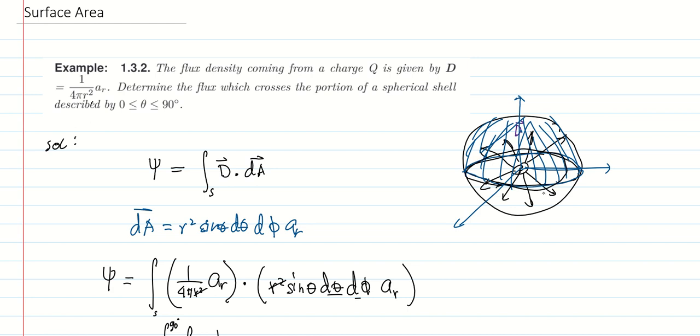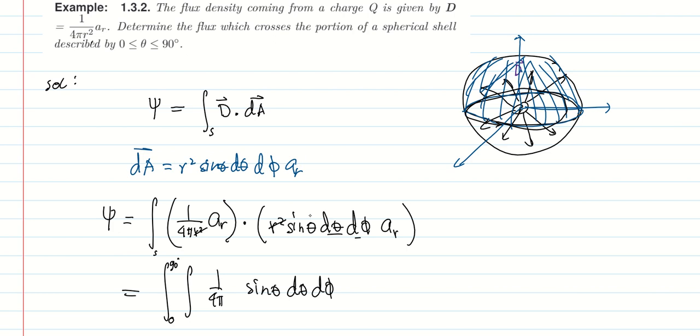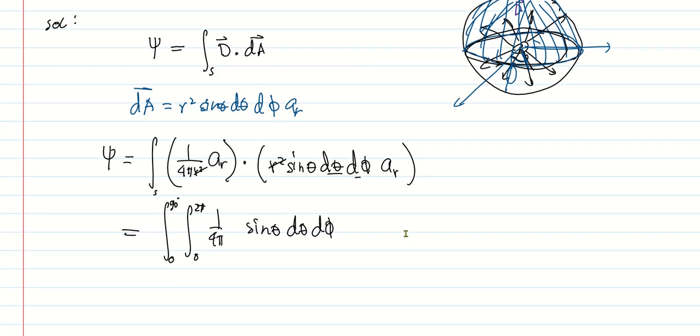That's 1 revolution, so this should be from 0 to 2 pi. If you remember, this angle is phi. So we rotate this from 0 to 2 pi, because this is 1 revolution of half of the sphere.